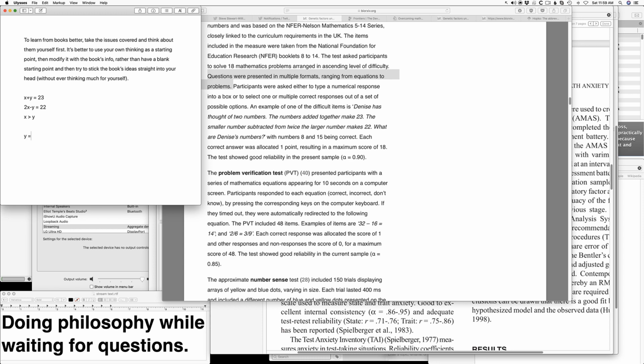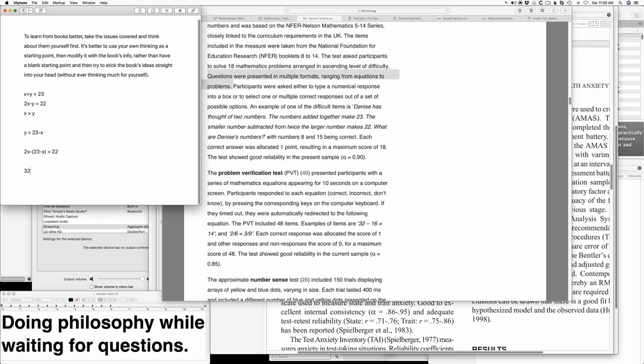Okay, so y equals 23 minus x, and then you substitute that in. You got 3x, plus, wait, did I do it wrong? Oh, okay, yeah.